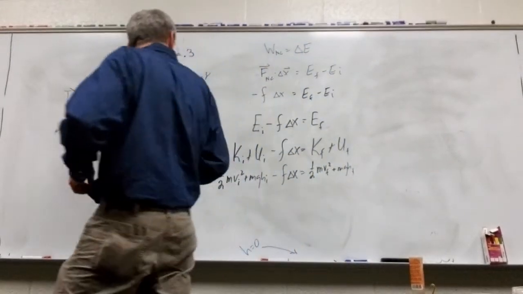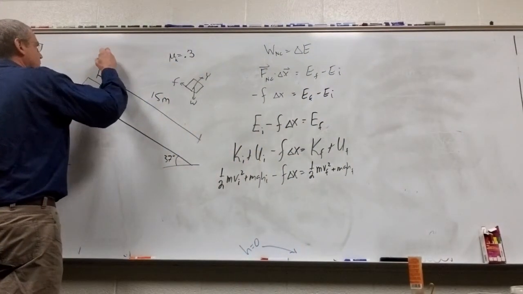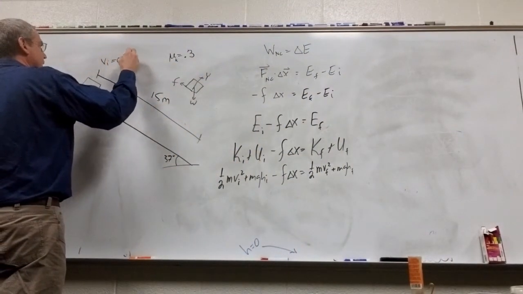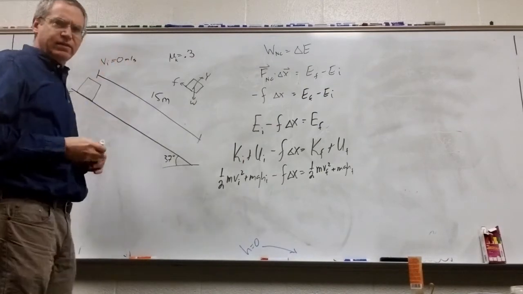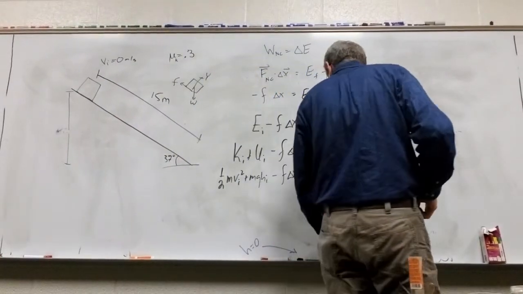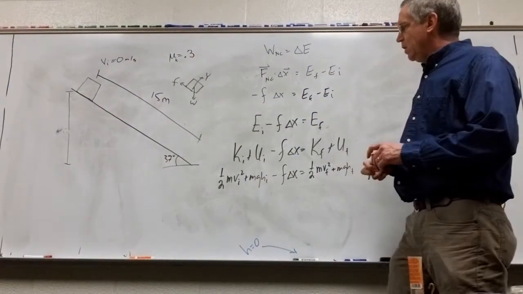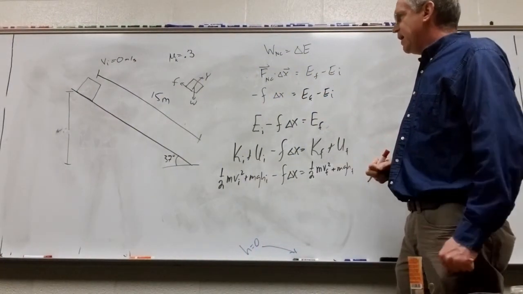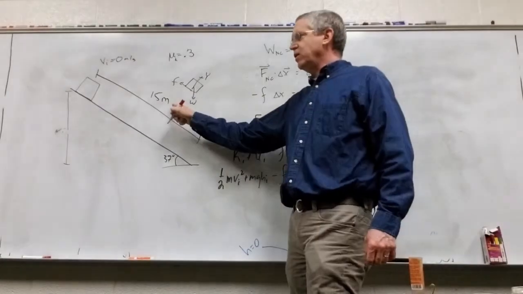As this thing is sliding down, we need to know a couple of things here. Initial speed: let's throw that in there. The initial speed will start at 0 meters per second. Again, we're going to assume that it is actually sliding. The height, well, it's a 37-degree angle, and I have a 15 here.